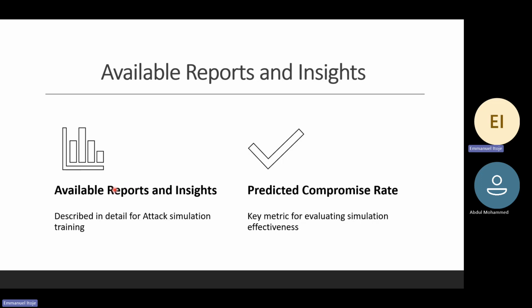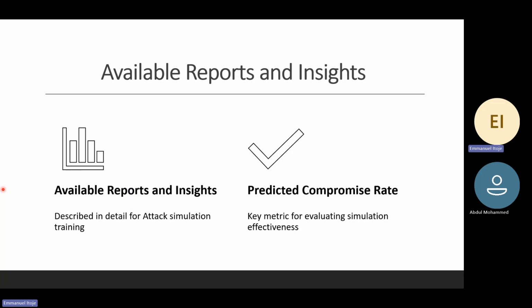For an available report, there's also what we call a predicted compromise rate, which is actually a key metric for evaluating whether or not our simulation is effective. So it's very important that you often need to tailor a simulated phishing campaign for a specific audience.